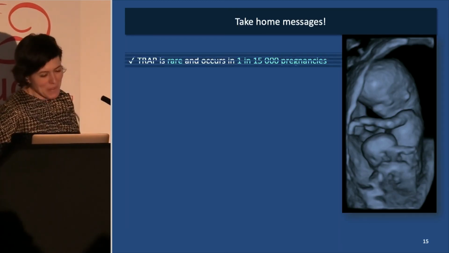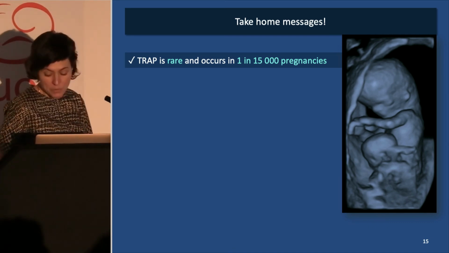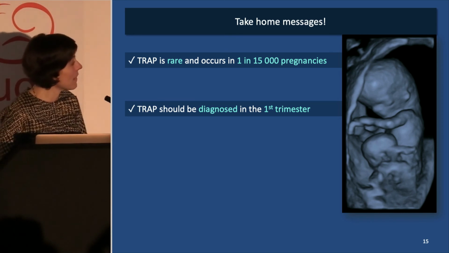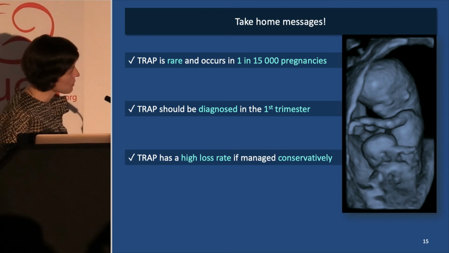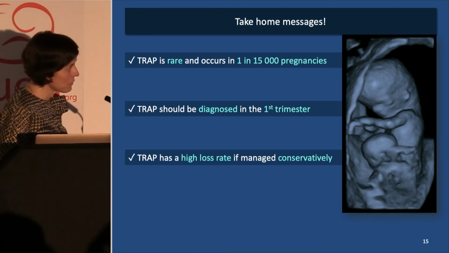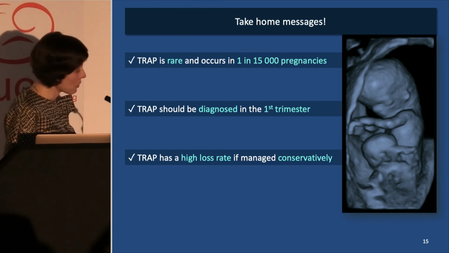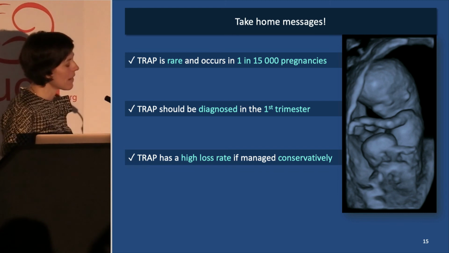So as a take-home message, TRAP is rare, but it's important to know how to diagnose it. And it can be diagnosed in the first trimester. And it has very high loss rates if managed conservatively. And also what I didn't mention is that if you manage them conservatively, we also know that they, on average, deliver at 29 weeks.